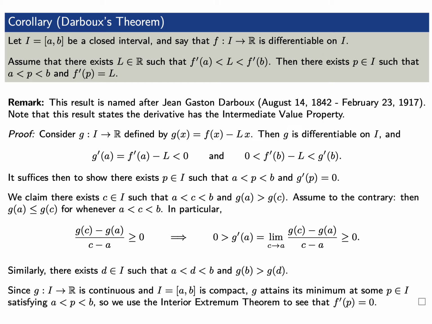Also, our closed interval I is compact, so g must attain its minimum at some point p. As we just said, this minimum cannot occur at either a or b, so our p must be in the interior of this closed interval. Now we use the interior extremum theorem to see that our p satisfies g prime of p equals 0.